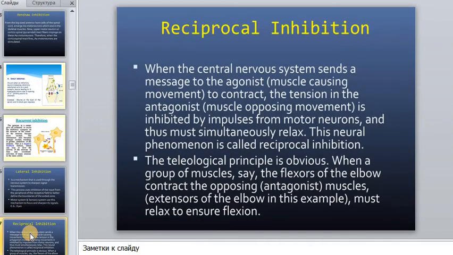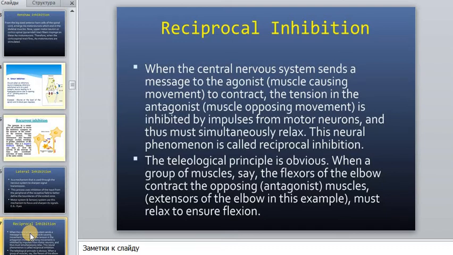And reciprocal inhibition: when the central nervous system sends a message to the agonist muscle, causing movement to contract, the tension on the antagonistic muscle opposing movement is inhibited by impulses from the motor neurons, and thus must be stimulated for relaxing.